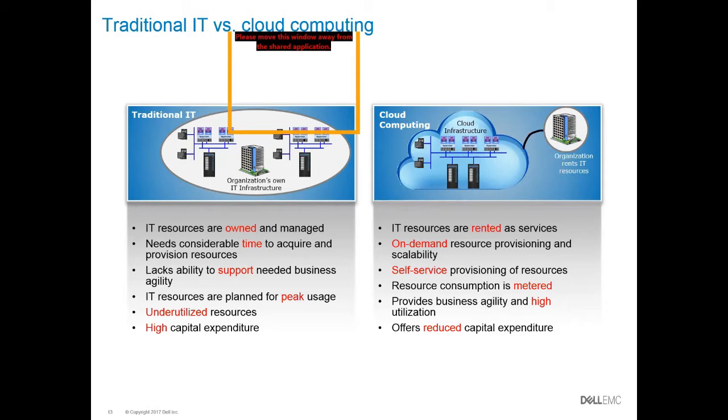When you use it, you pay only for that amount. That means your resources are utilized in an efficient manner. Coming to the cost, traditional IT requires a lot of money investment. However, it is much cheaper to rent a cloud service. Let's say you are renting a virtual machine from Amazon or Google. It will cost you a few dollars.